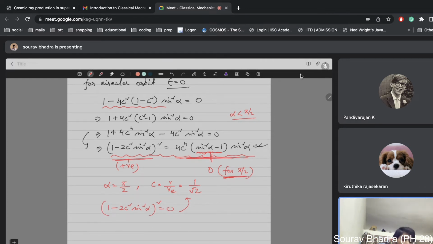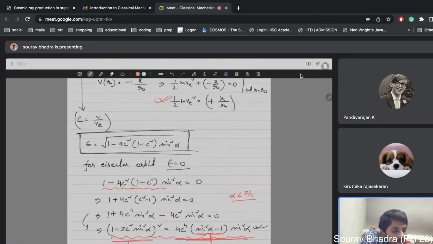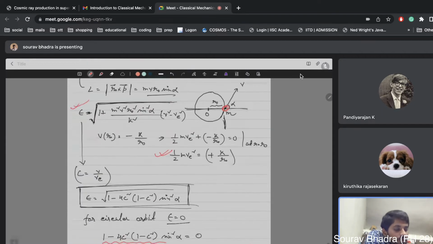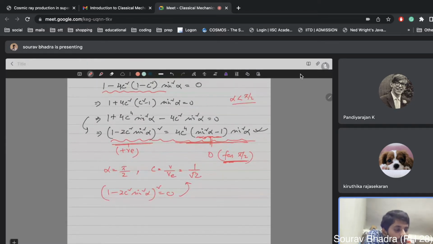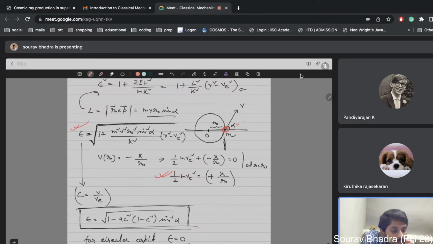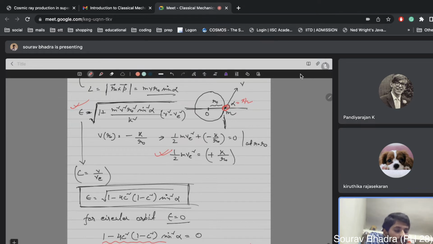So what is meant by this analysis? From this particular position, from where you have thrown the particle, if you throw the particle with a velocity which is 1 by root 2 times the escape velocity, and at an angle pi by 2, so your throwing angle alpha is pi by 2, then you will get an orbit which has eccentricity 0, and that means that orbit is a circle.